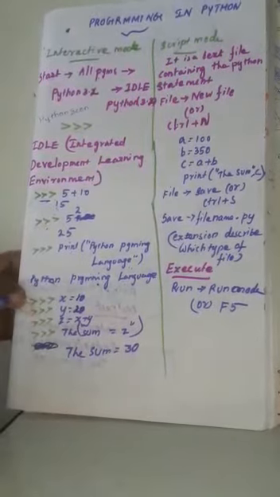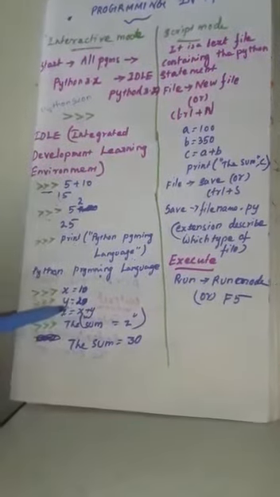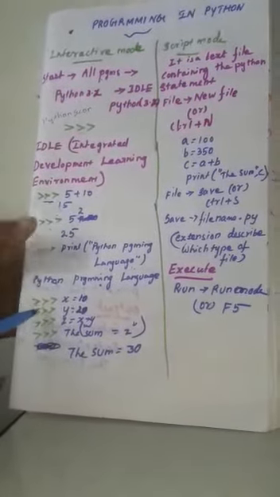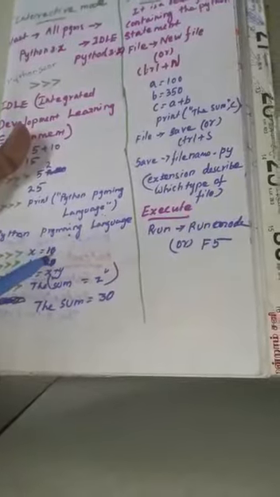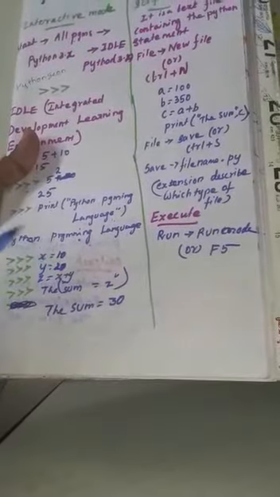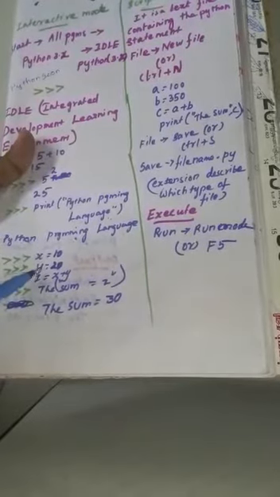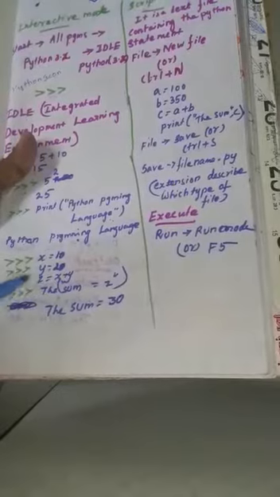Next, if you want to type one or more lines, how? In the command prompt, in the first line you type x equal to 10. Press the Enter key. The prompt is displayed again. Next, type y equal to 20 and press Enter.